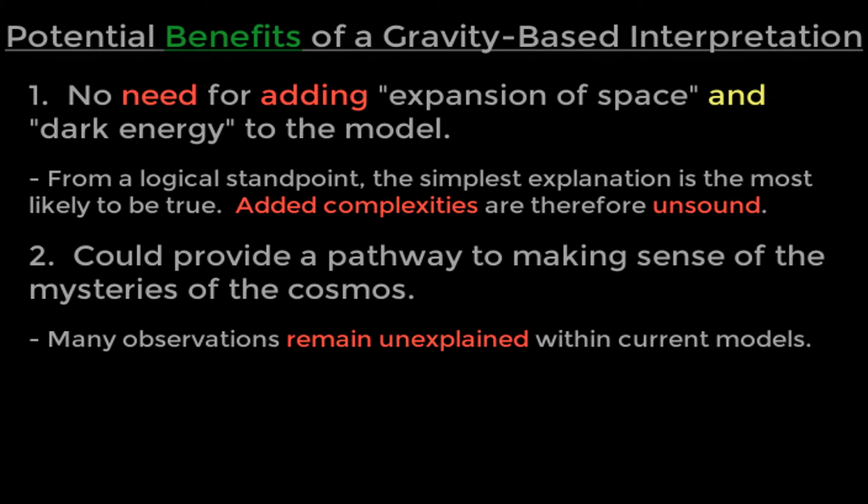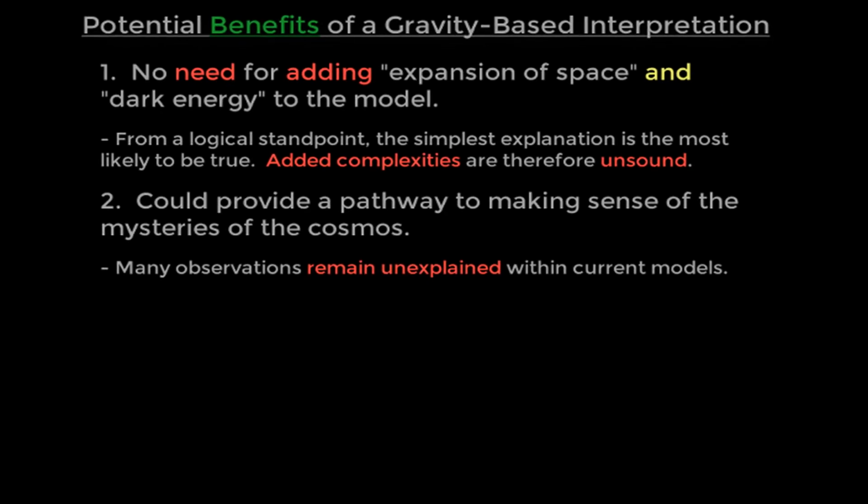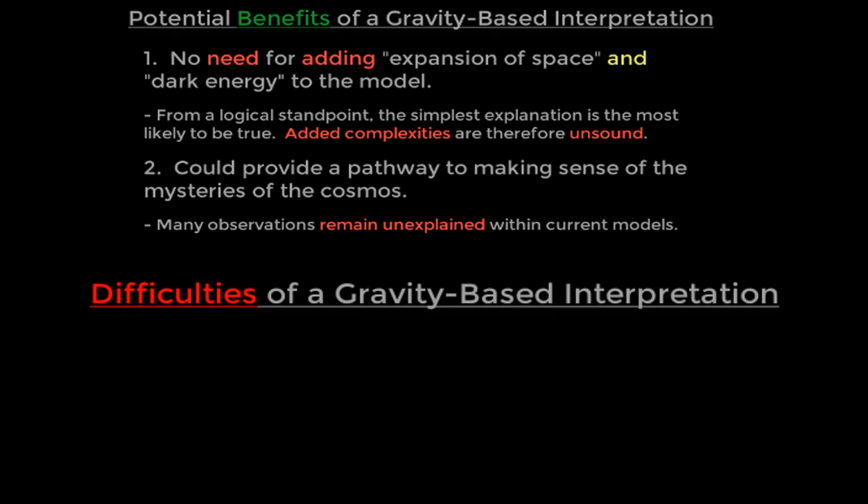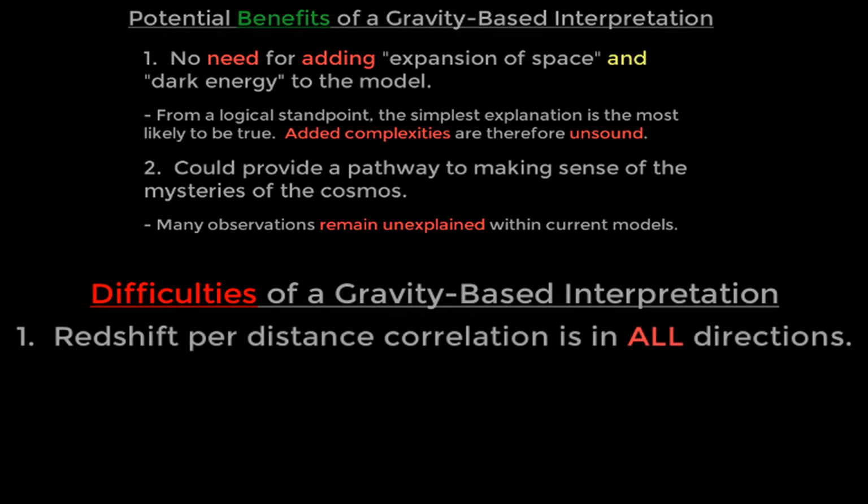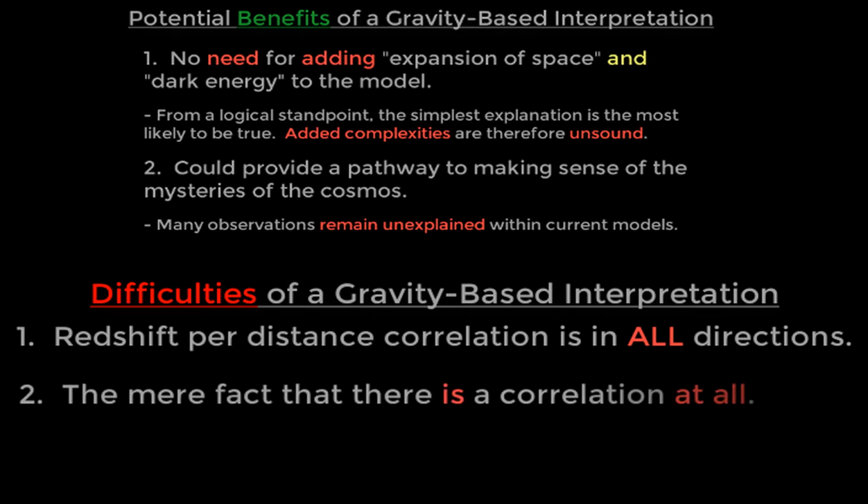Then there are the difficulties of a gravity-based interpretation, not to be confused with complexities. The first is that the redshift per distance correlation is in all directions. As gravitational redshift requires a geometric arrangement, this narrows the possibilities. The second difficulty is the mere fact that there is a correlation at all.